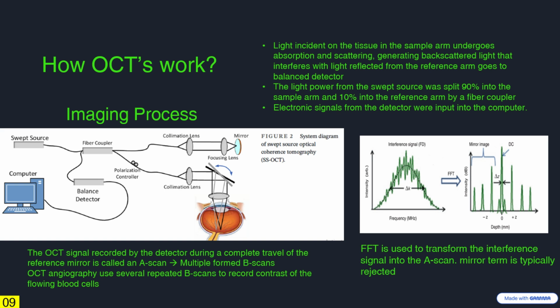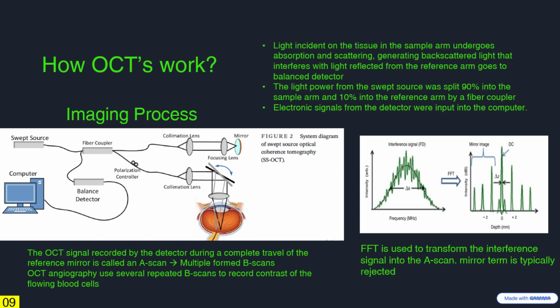Then how can this image be formed? It basically comes from the whole imaging process in the OCT. First, the incident light passes through the sample tissue in the sample arm, and in this tissue there will be some absorption and scattering.